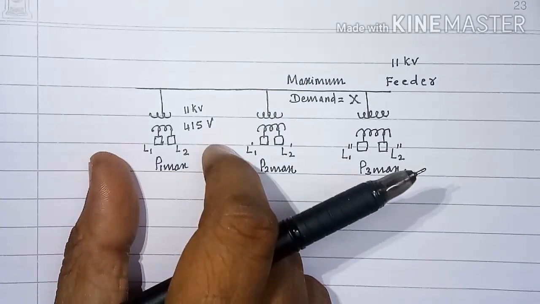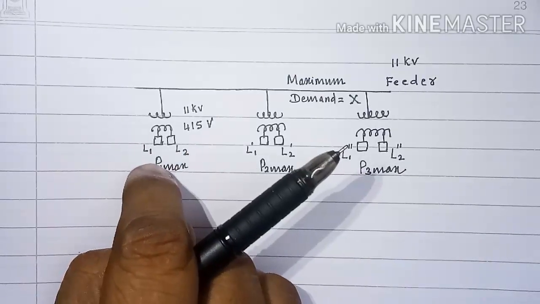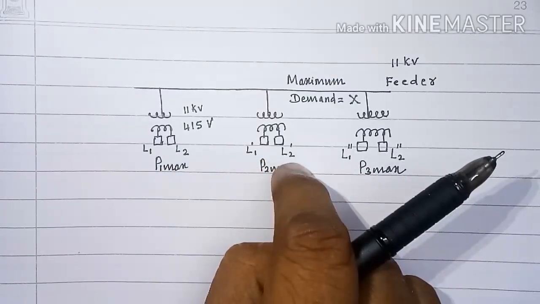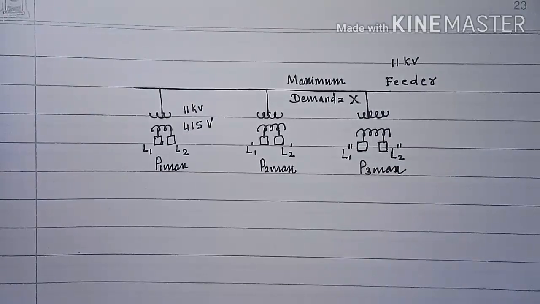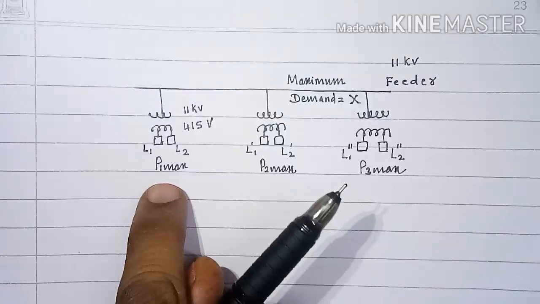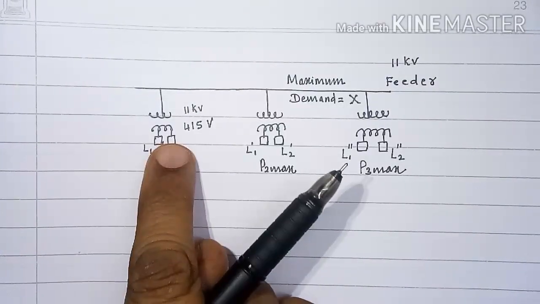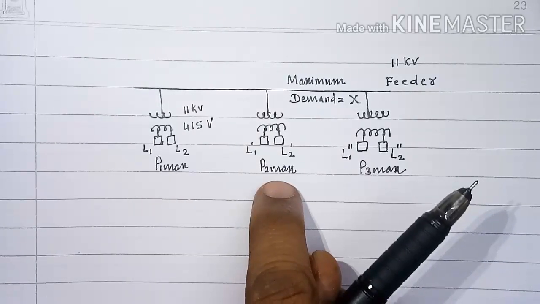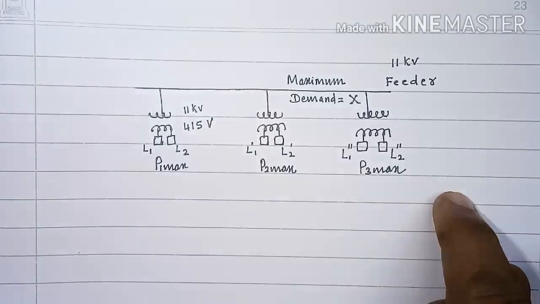Say, to each of these transformers, loads L1, L2, L1 dash, L2 dash, L1 double dash, L2 double dash are connected. And say the maximum demand on transformer 1 during a specified duration of time is P1 max, for transformer 2 P2 max, and for transformer 3 it is P3 max.